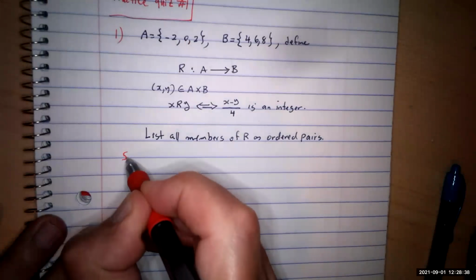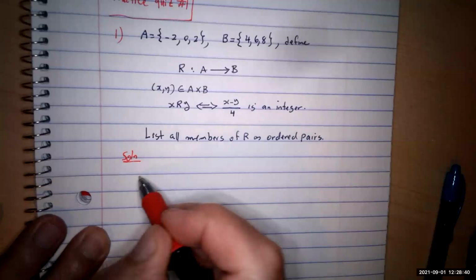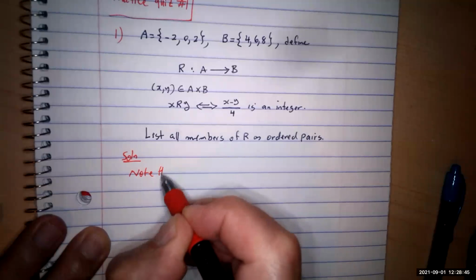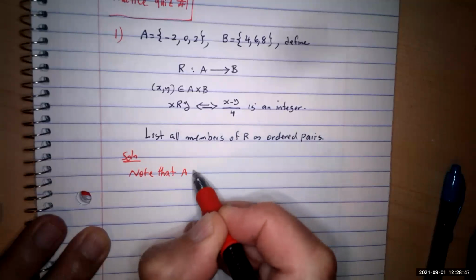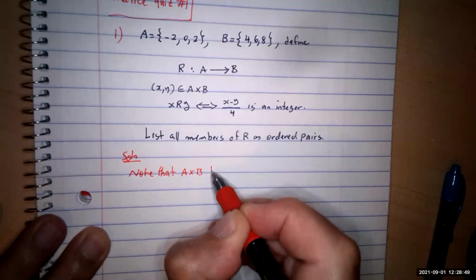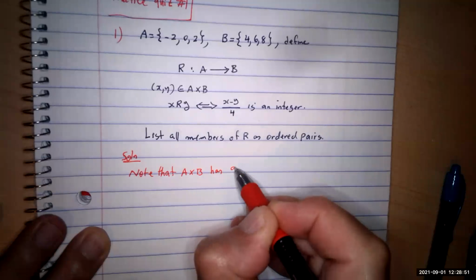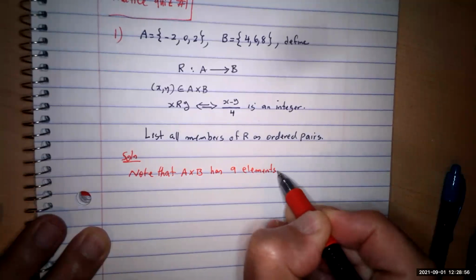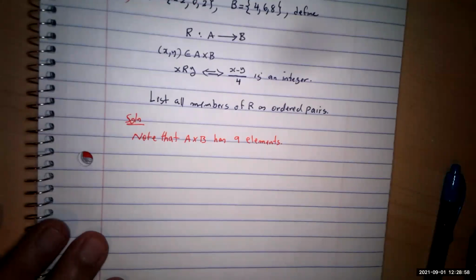So the solution: note that your A cross B has 9 elements. You have to list all of them.